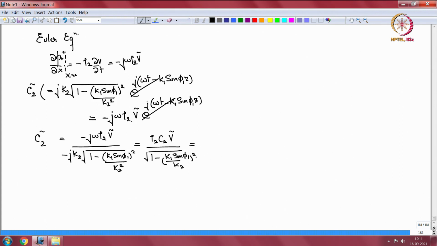This is Z tilde, the fluid impedance 2, times V tilde.